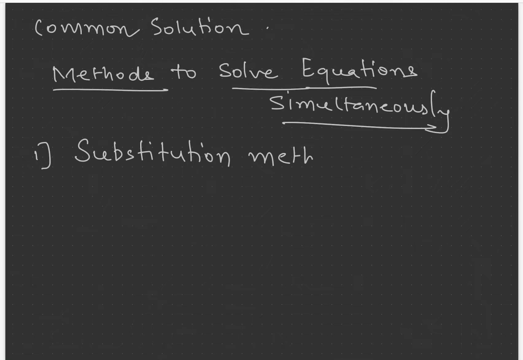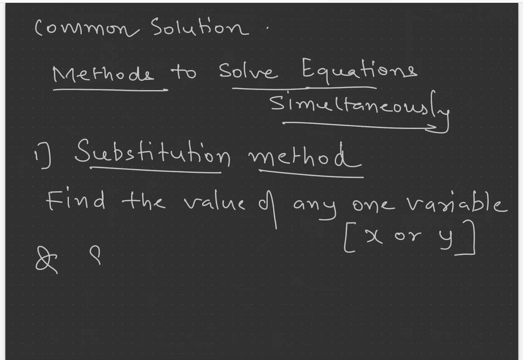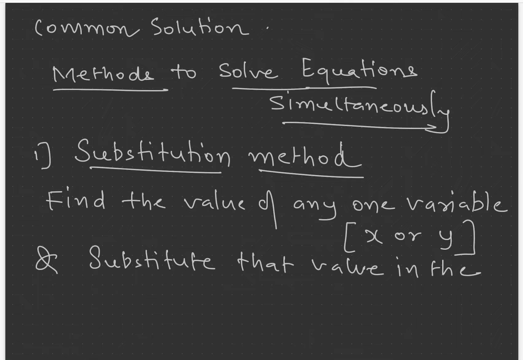So the method says find the value of any one variable, find the value of either x or y. I can write x or y if your equation is given in x and y, and substitute that value in the second equation.